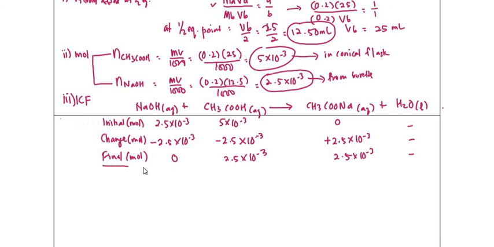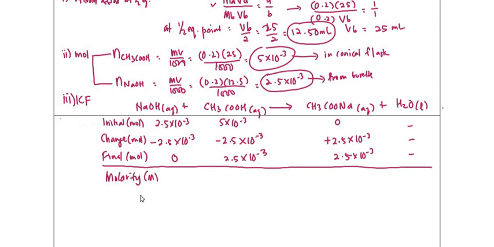Macam biasa, after you get the ICF, tambah lagi satu row di bawah, dinamakan molarity M, mole per volume total. Volume total here refer to the volume CH3COOH plus volume NaOH at half equivalent. Okay, so di sini kosong, artinya kosong lah.